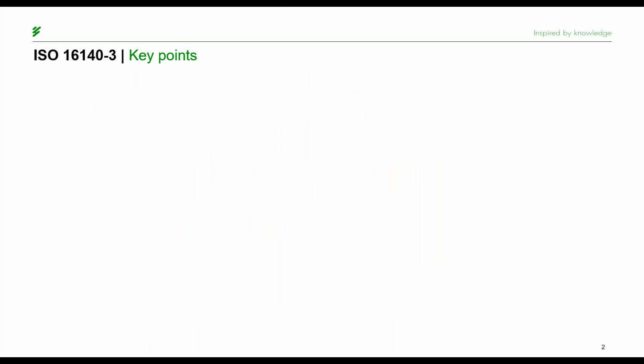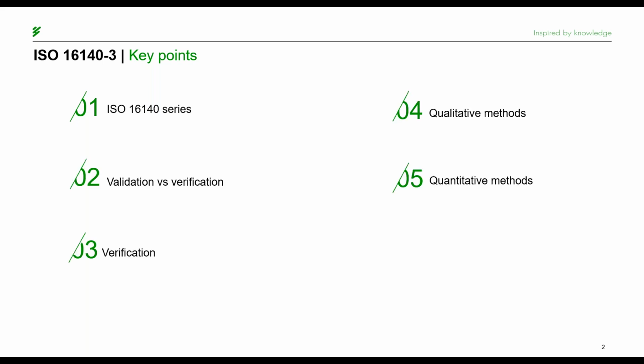So the key points that we're going to go over today are, of course, everything and anything about ISO, and we will have to start talking about the series of ISO standards that I've mentioned, of which this part 3 is a part, and what we can find in them.